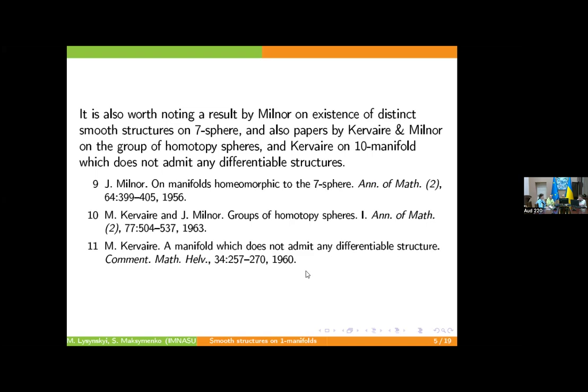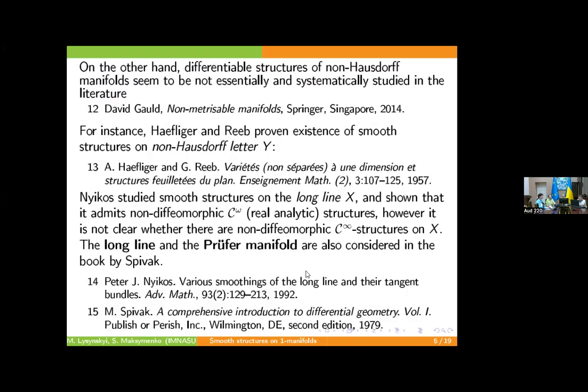That was an example which generated a lot of different examples and counterexamples in this direction. Well, on non-Hausdorff manifolds, the situation is more complicated, or rather, they are not well studied.